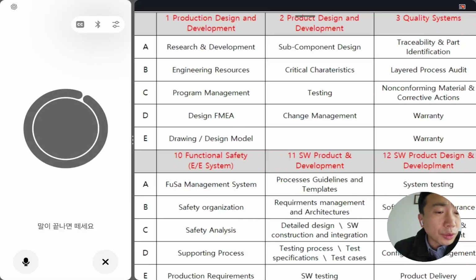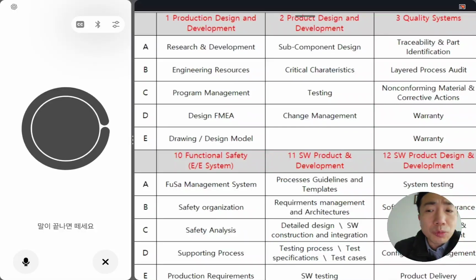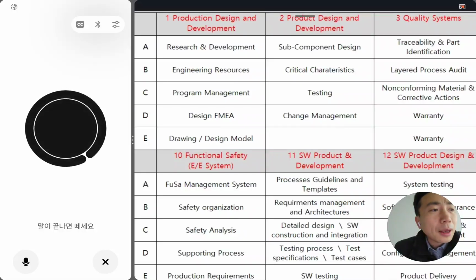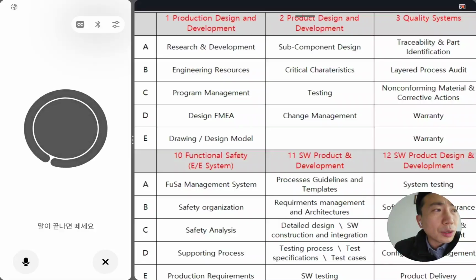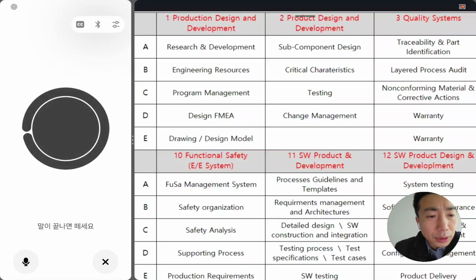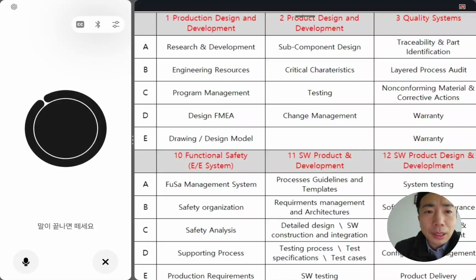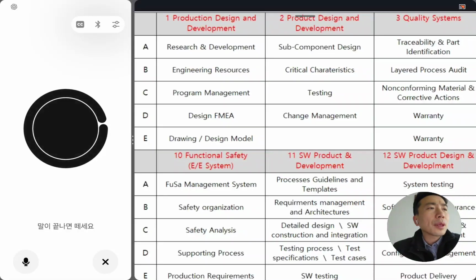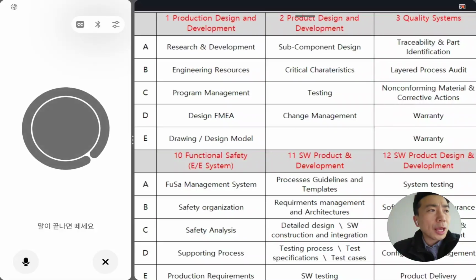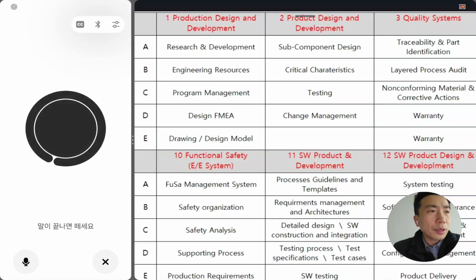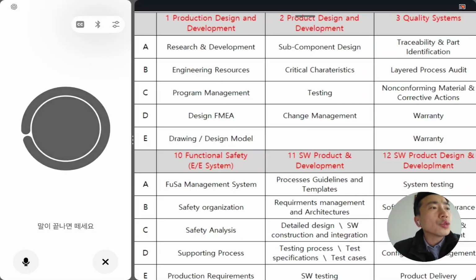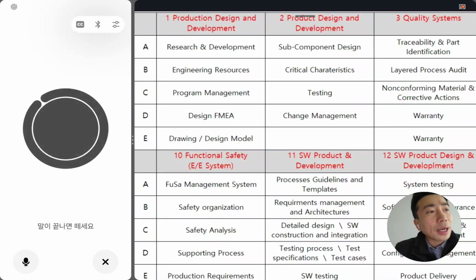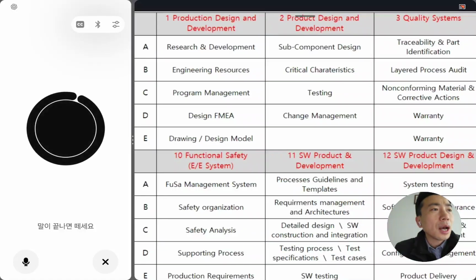Before we move on to the next step, I'd like to repeat your potential questions for this topic, critical characteristics, and about the general definition and identification. Number one, how does your organization define critical characteristics?